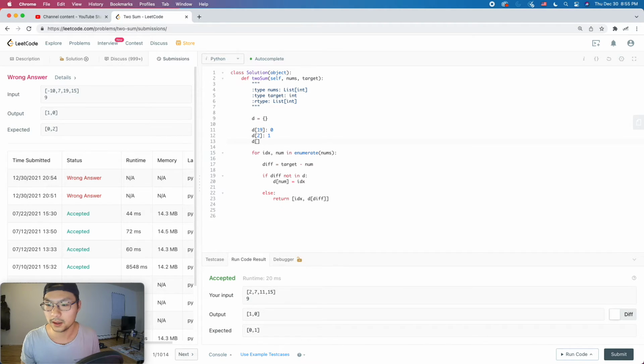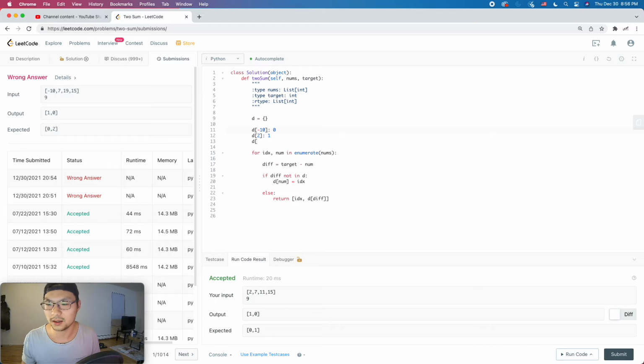Again, the third element is going to be 9 minus 19. So that's going to be negative 10. And by the way, I'm sorry, I'm supposed to store that number, right? So again, if we go to the first number, the difference is 9 minus negative 10, it gives me 19, doesn't it?